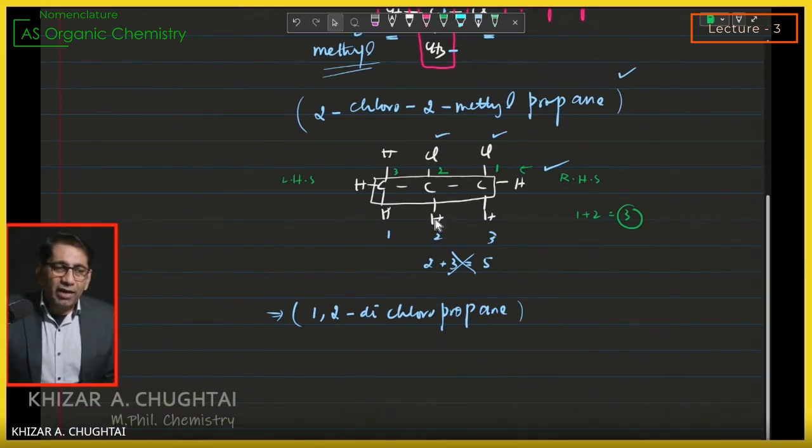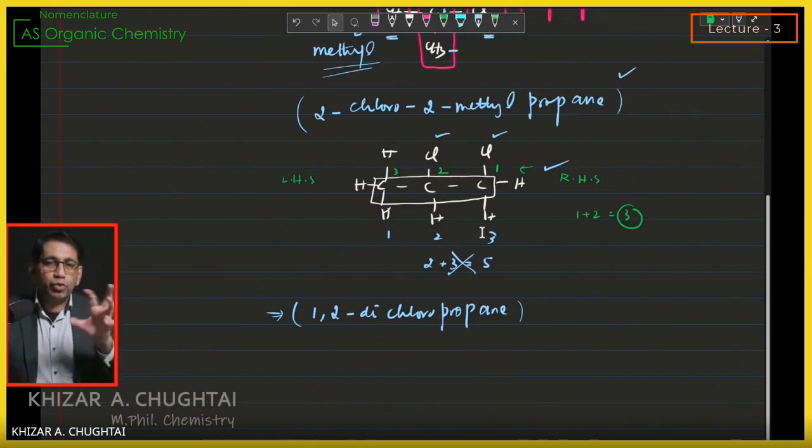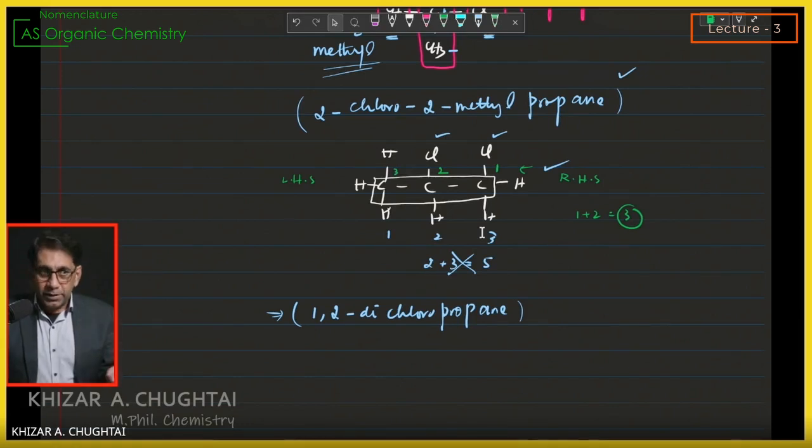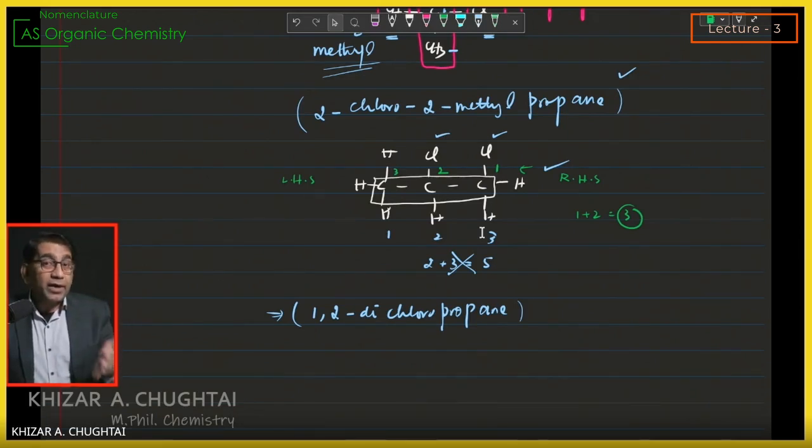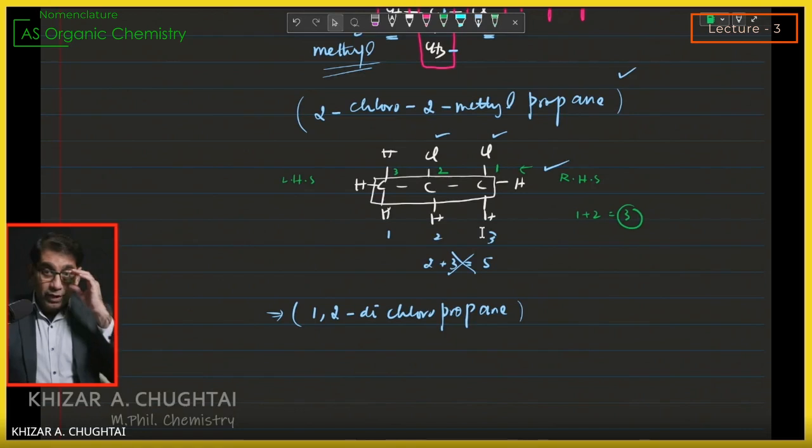Whenever you differentiate between two organic compounds, the authentic way is to give their names. If they have the same molecular formula, same carbon, same hydrogen, same other elements, but different names, then simply it means they are isomers of each other.